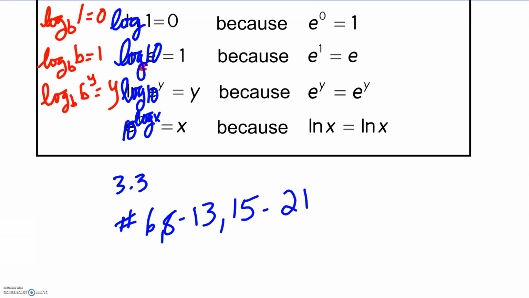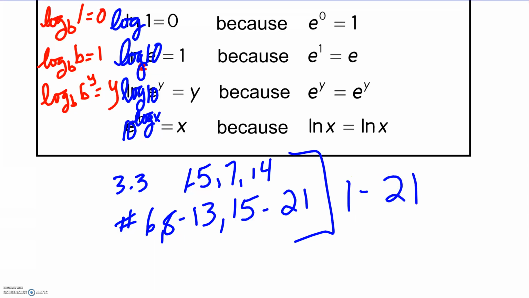Now on the previous video, I had said there at the end, you should be able to do also 1 through 5, 7, and 14. So I guess basically you're doing, after these first two videos, 1 through 21. That makes it easier. 1 through 21 on section 3, that's on page 7 of your homework packet.